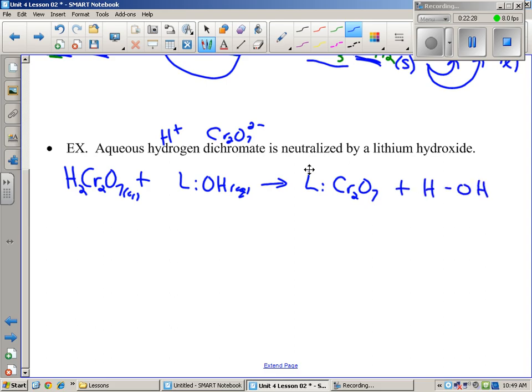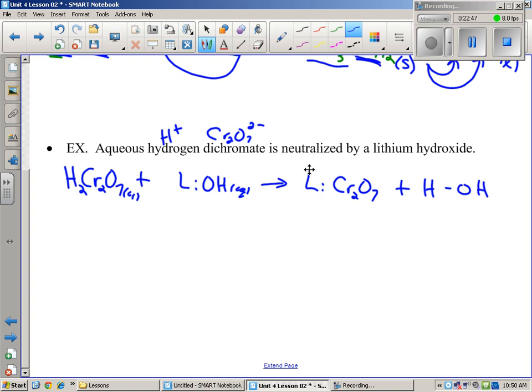Now, I don't know if I need to do this, but if you mess up the formulas, which I have done here on purpose, what happens is you'll never be able to balance it. Because when you think you're done, it kind of starts all over again.